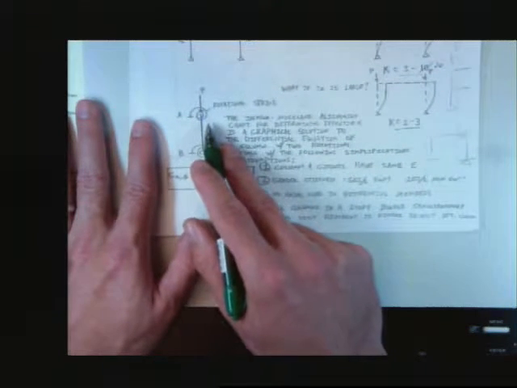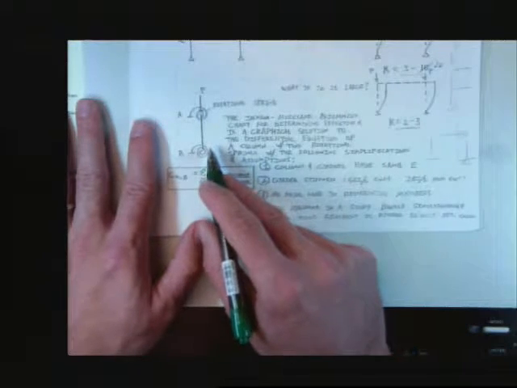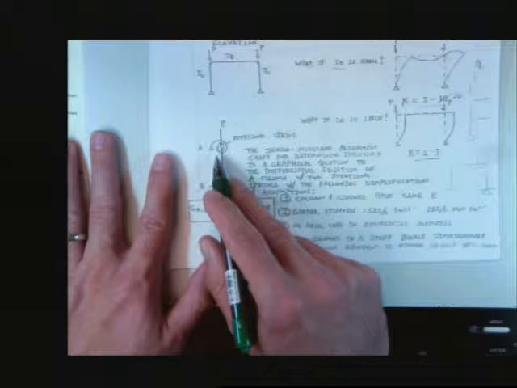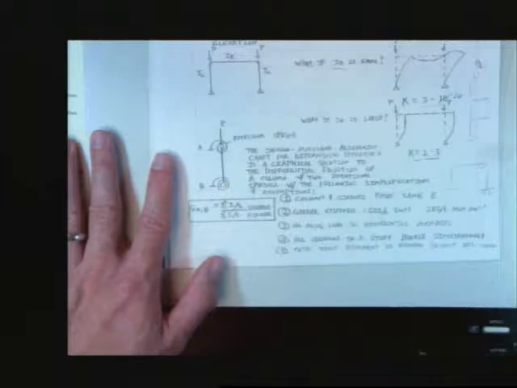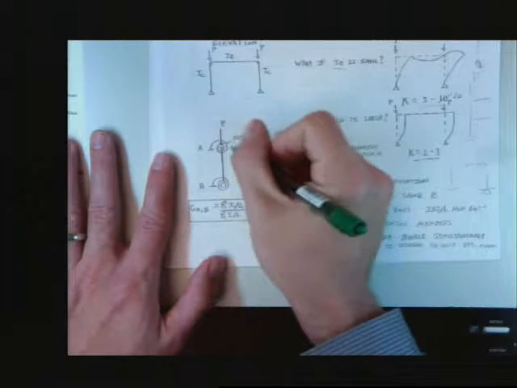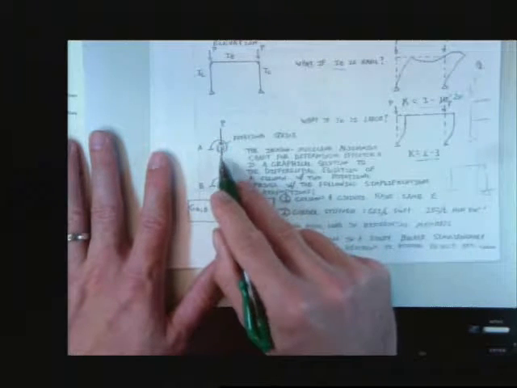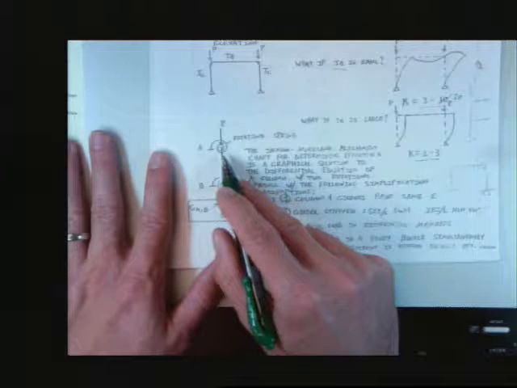And the cool thing about this is after we have this equivalent rotational spring, we can solve any problem. It doesn't matter what it looked like before. If you can lump it and turn it into an equivalent rotational spring on the top and the bottom, then it's all the same. It doesn't really matter if there were 10 beams or 2 beams or 1 beam that went into making this spring at the top. It just matters there was a beam and it has this stiffness.